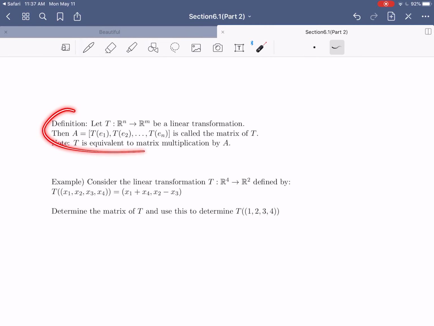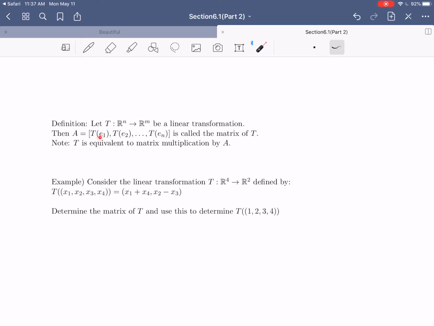As a definition here, let T be from Rn to Rm, and let that be a linear transformation. If we know that we have a linear transformation from Rn to Rm, then we can actually figure out the correct matrix where matrix multiplication would correspond to that linear transformation. What we do is we take A and define it to have columns that are this transformation applied to each of the elementary column vectors.